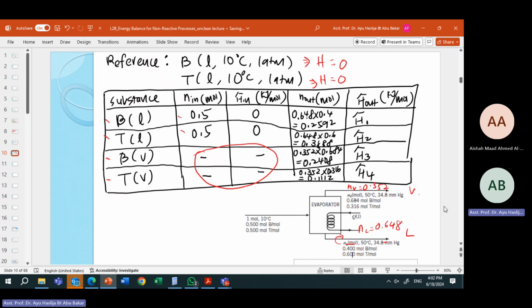To find the H, you need to use the CpdT, integration of CpdT. Now choose your H. Which H do you want?